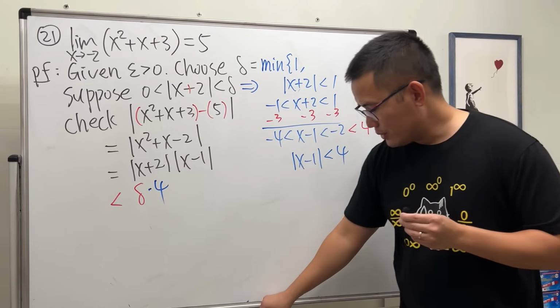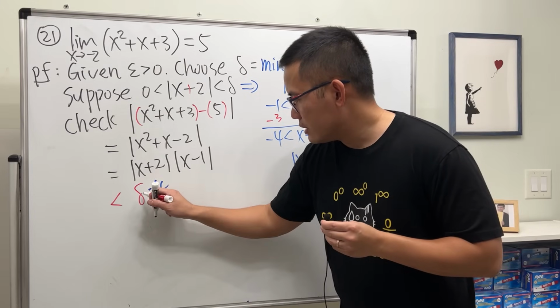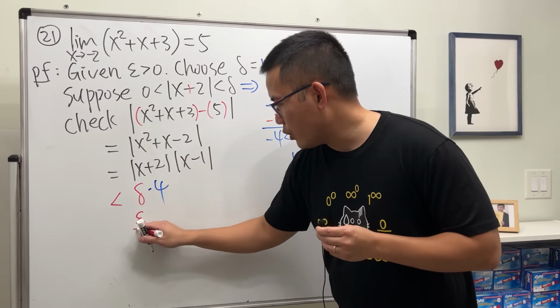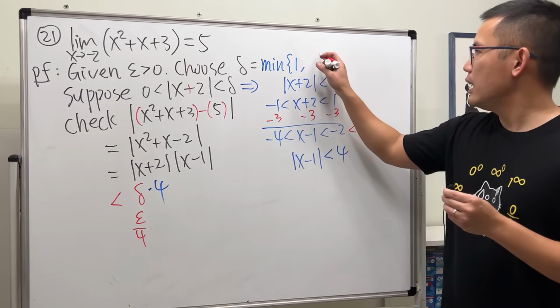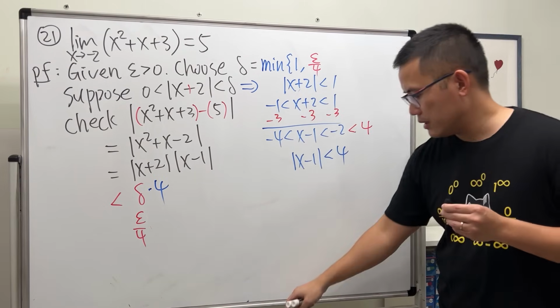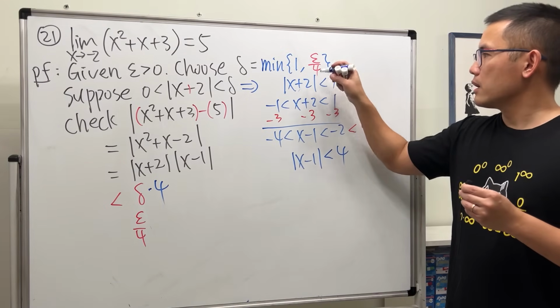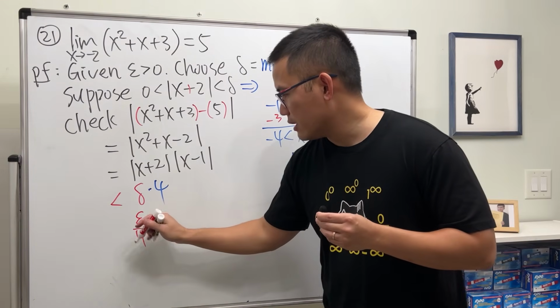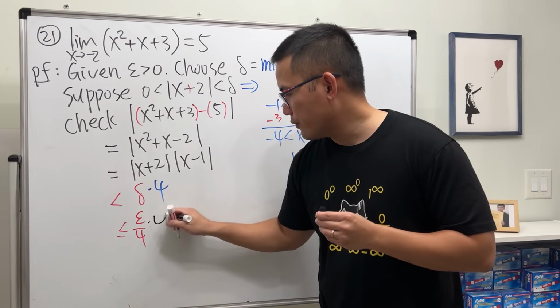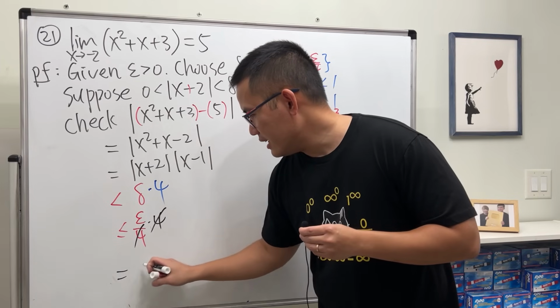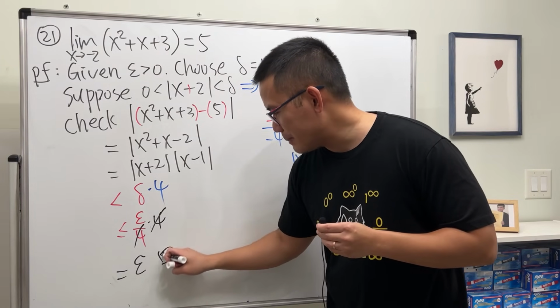Okay, so that means delta should be epsilon over 4. Close that, and then we have less than or equal to, times 4 cancel, and that's epsilon.